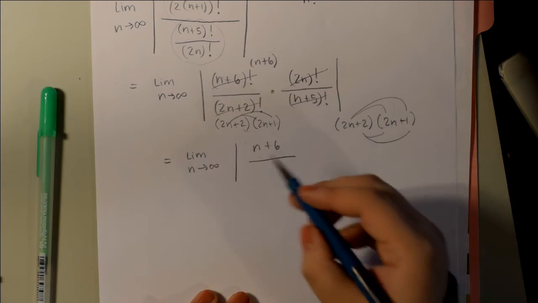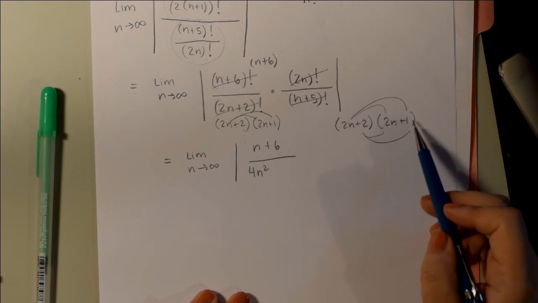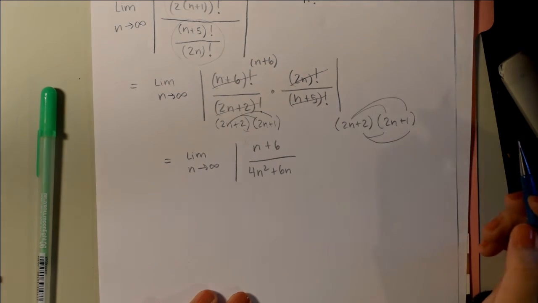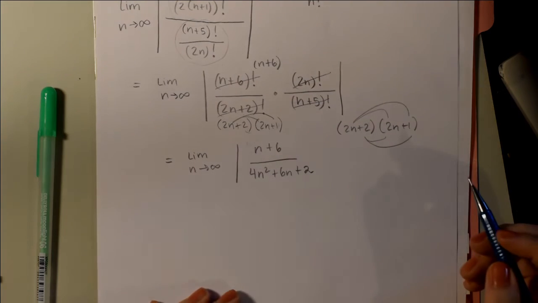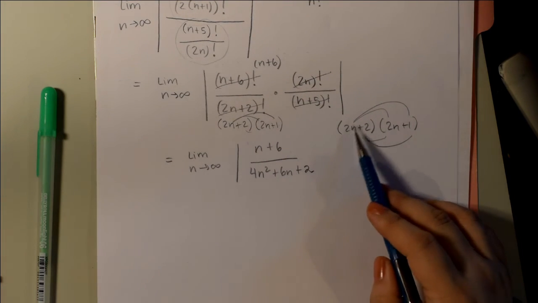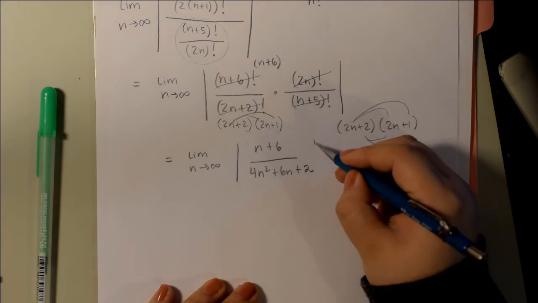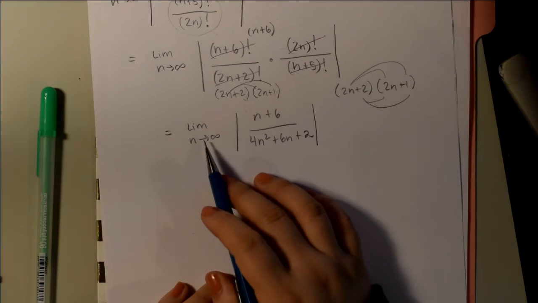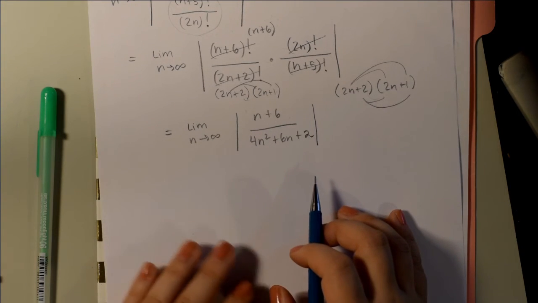So we have 4n squared plus 2n plus 4n, so plus 6n, I believe, plus 2. Hopefully that's right. 4n squared plus 6n plus 2. Yep, I think. And so when we take the limit as n approaches infinity, we're taking the absolute value here.